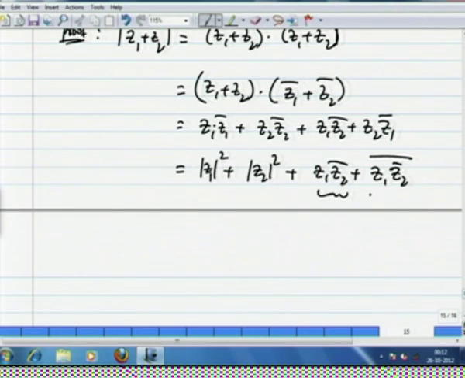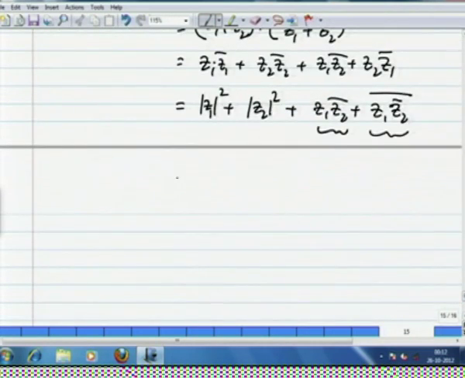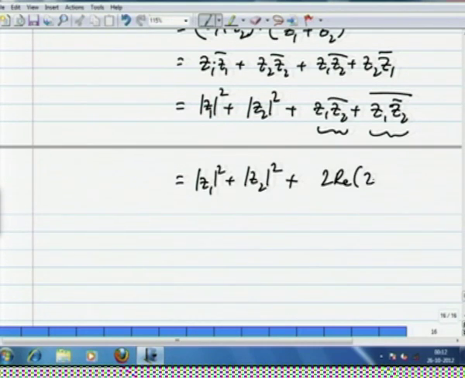Okay. So, a number plus its conjugate is equal to twice the real part, by the previous properties. So, this is plus twice the real part of the complex number z 1 z 2 bar.